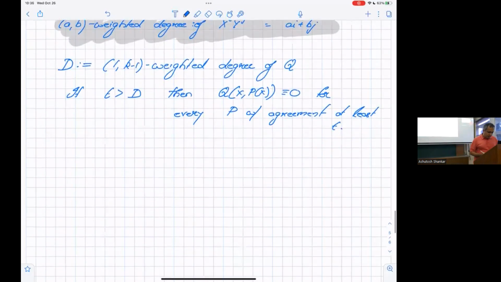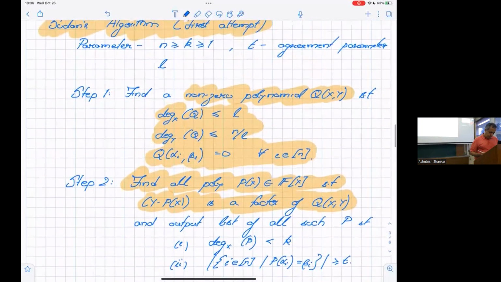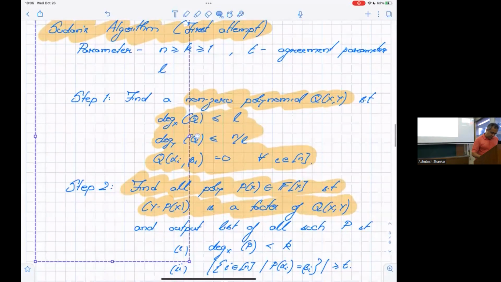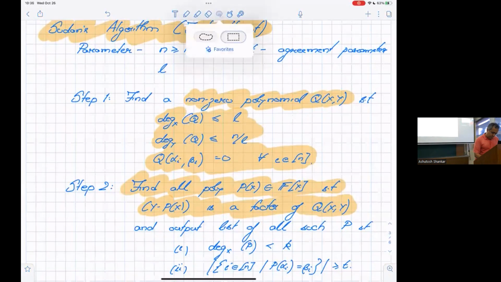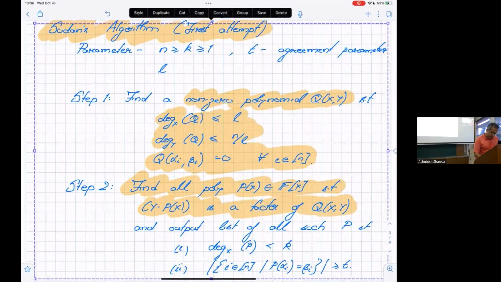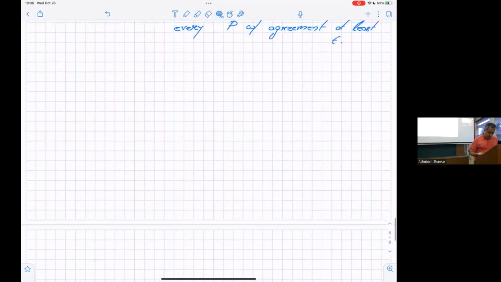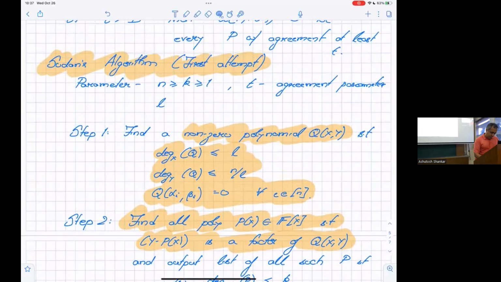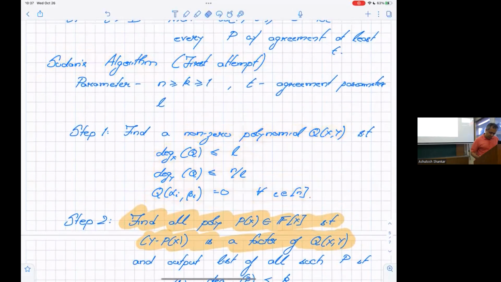So we will modify the algorithm. We will now not have the parameter L, only going to have parameter d.